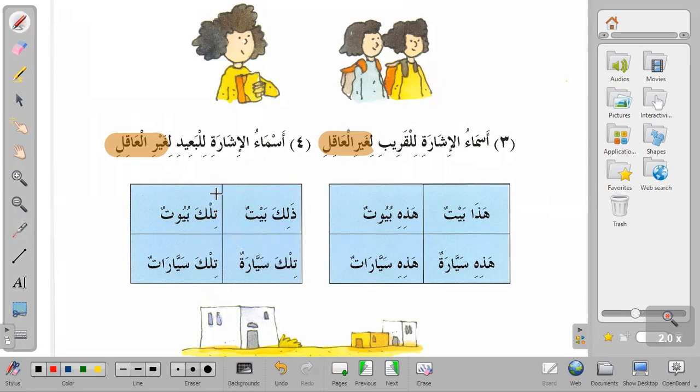Okay. So here they haven't changed. They only used the singular, and that is this one. The singular feminine form of Qarib. Okay. And here for Ba'id. I hope that is now clear.